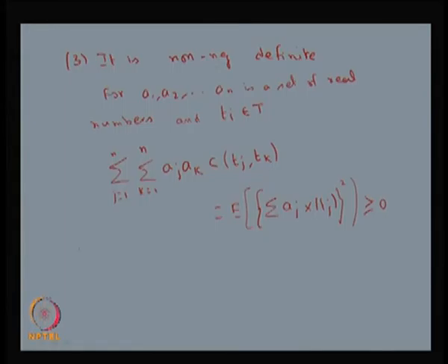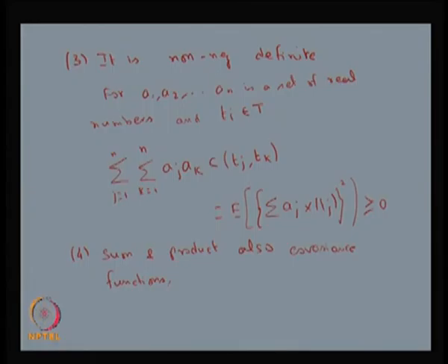The fourth property: the sum as well as the product of any two covariance functions are also covariance functions. The sum and the products are also going to be covariance functions.